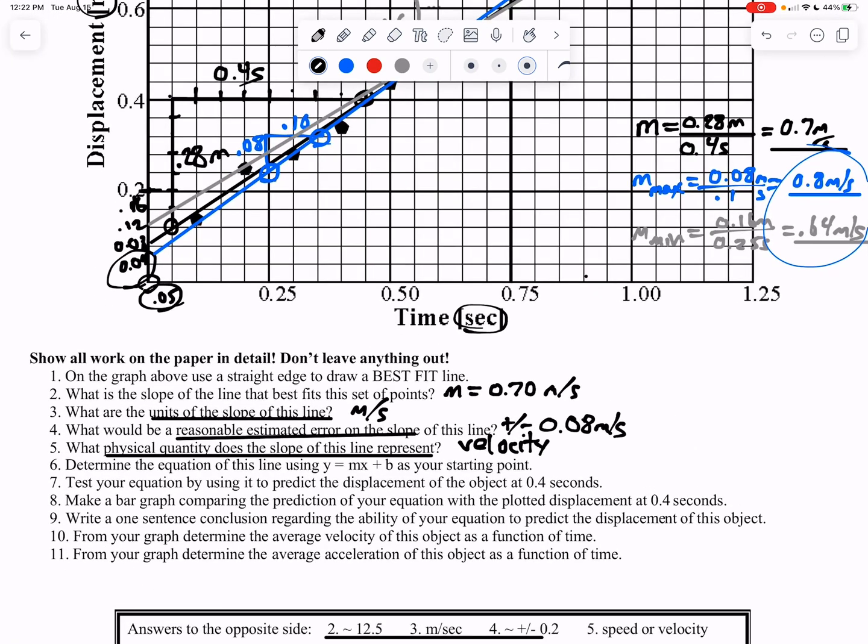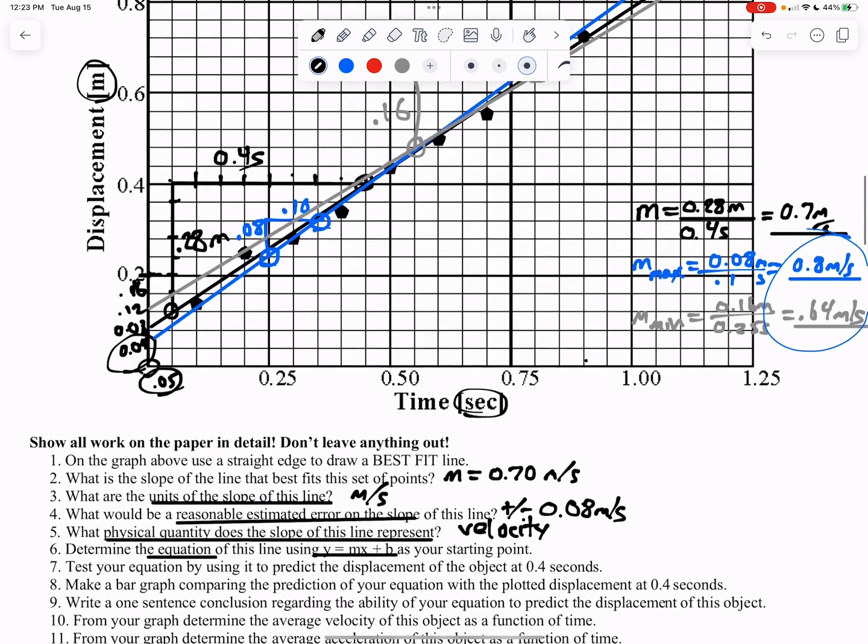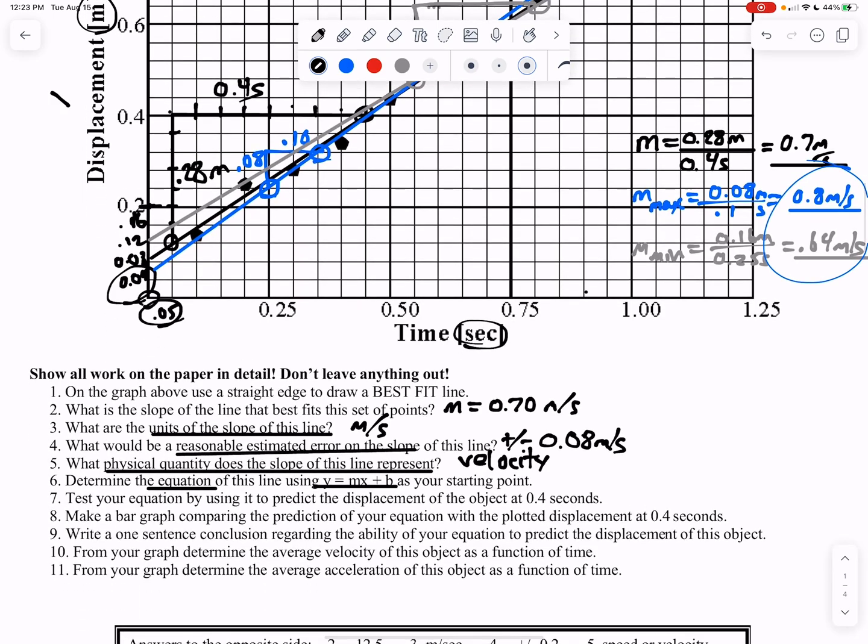Okay, now determine an equation of this line using y equals mx plus b. So let's fill this out. On the y-axis, we have displacement. Technically, it's delta x. But I'm going to write it as position rather than displacement, so we're going to write it as x.